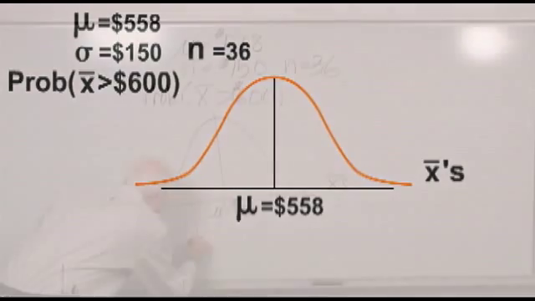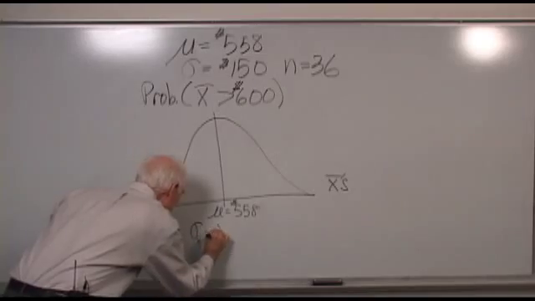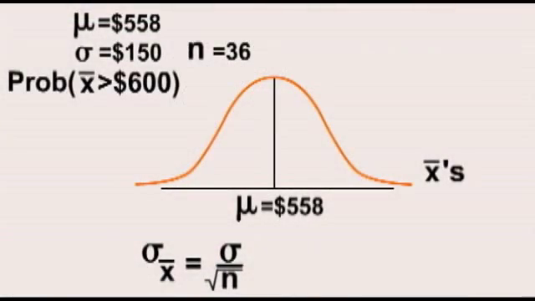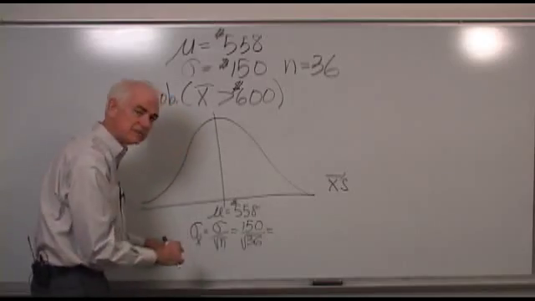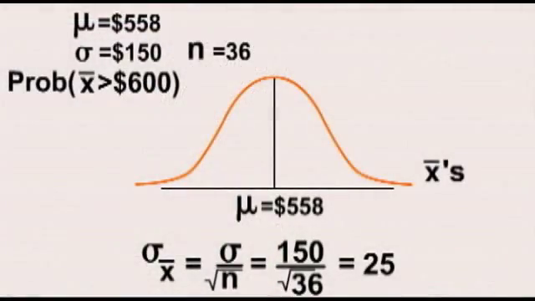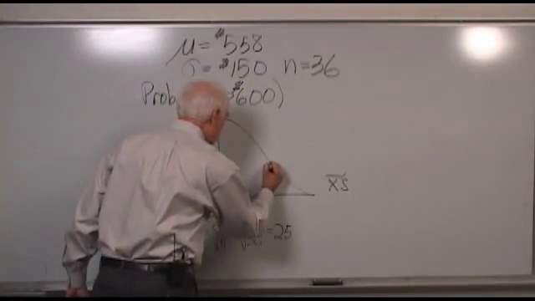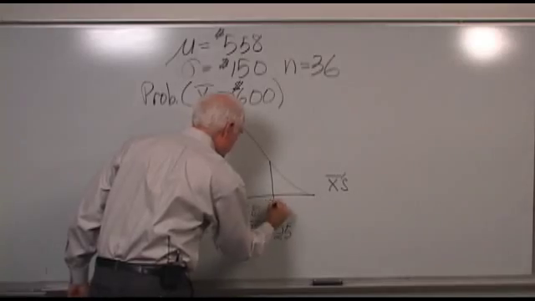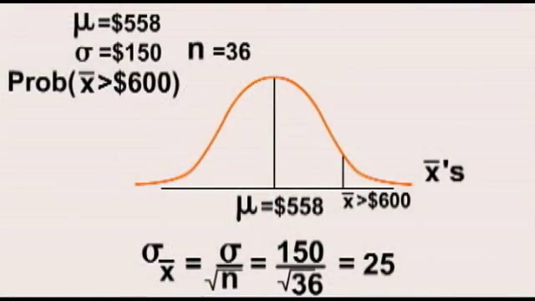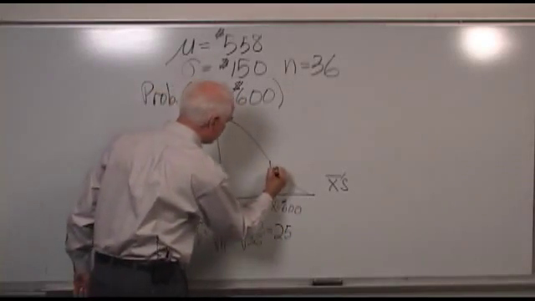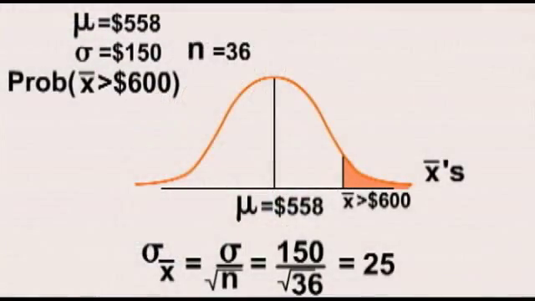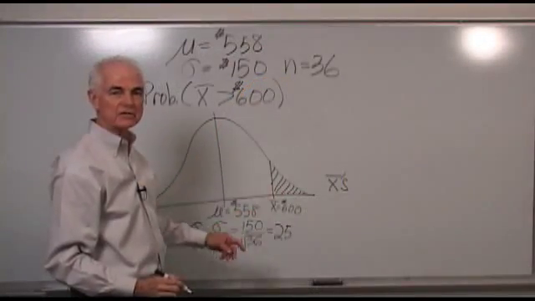But the standard deviation of means equals the population standard deviation over the square root of n, which is 150 over the square root of 36, resulting in a standard deviation of sample means of 25. Our task is to determine the probability that we would get a mean greater than $600 given this scenario. So we shade in the tail, because that's the part of the distribution we're going to solve for, and in the tail lies the probability of our answer.